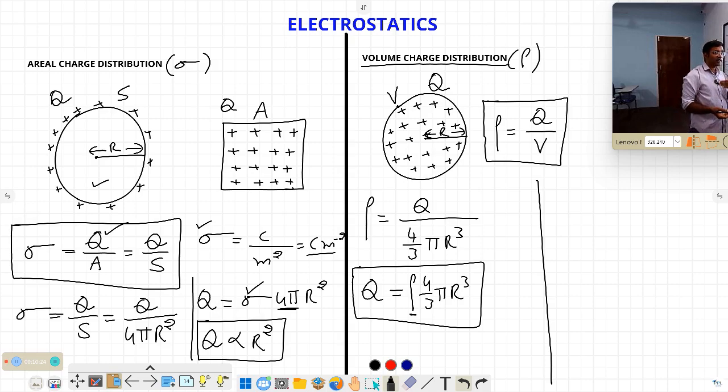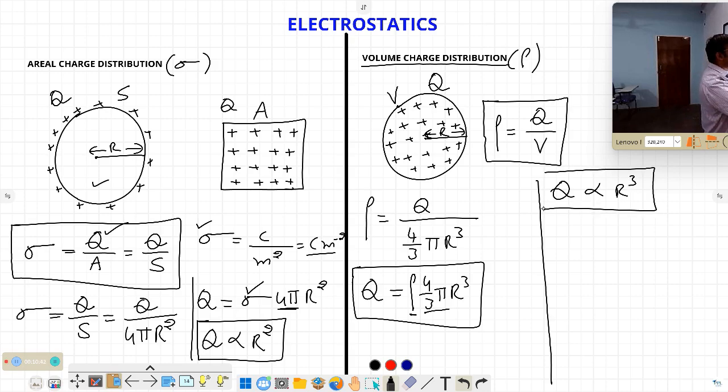In higher advanced level problems, the density may be variable. Here it is constant charge density, so rho and 4 by 3 pi are constant. So the charge in volume charge distribution is directly proportional to the cube of the radius.